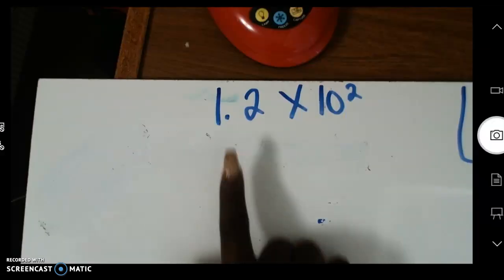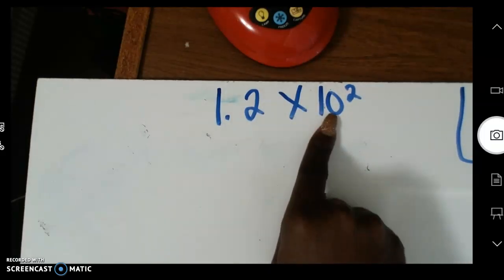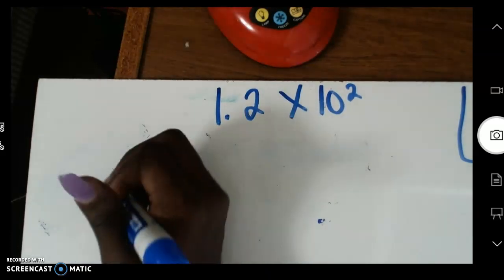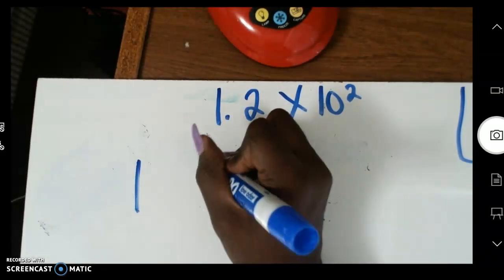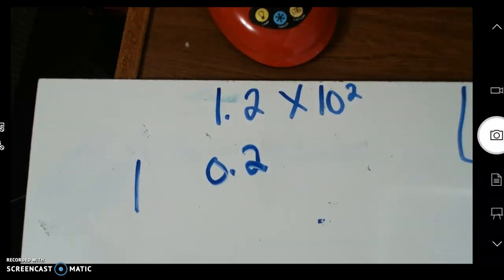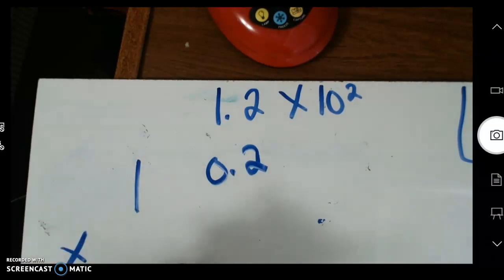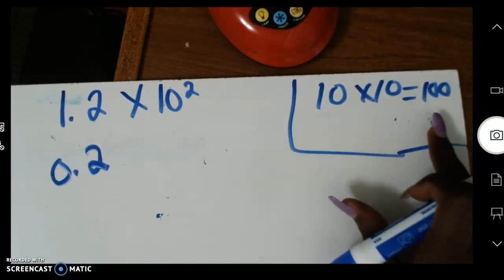Therefore, we have 1.2 times 10 to the second power. Another way to look at this is 1 whole and 2/10 being multiplied by 10 tens, or the 100.